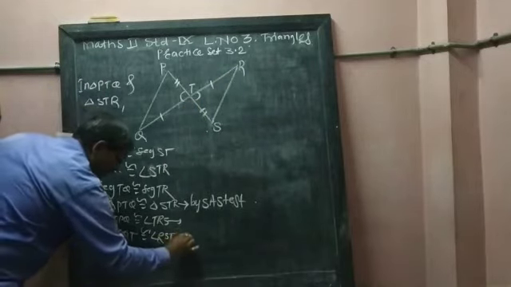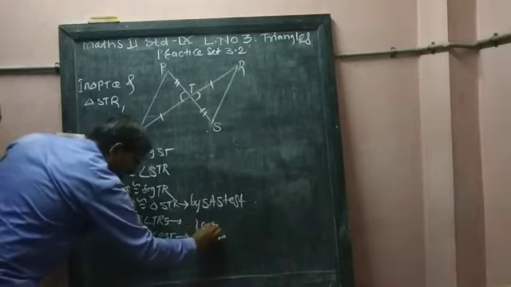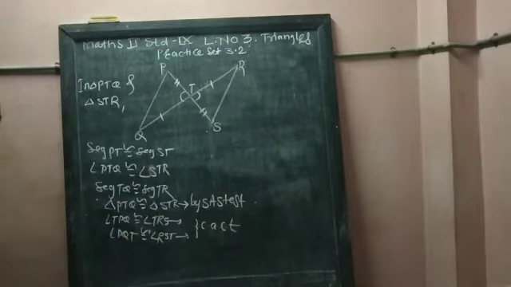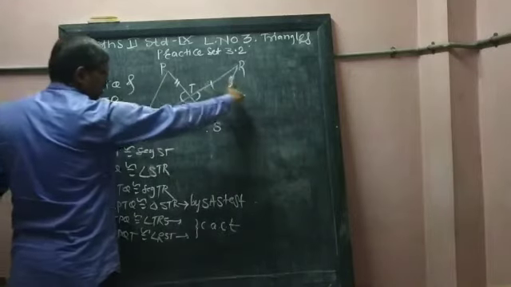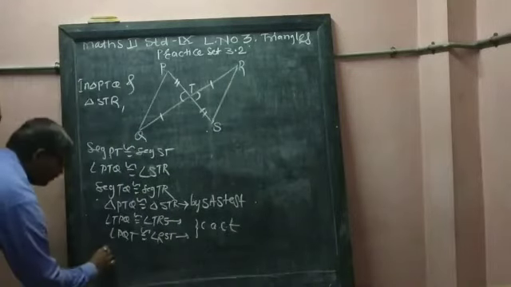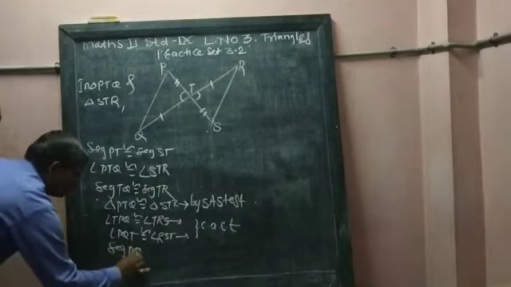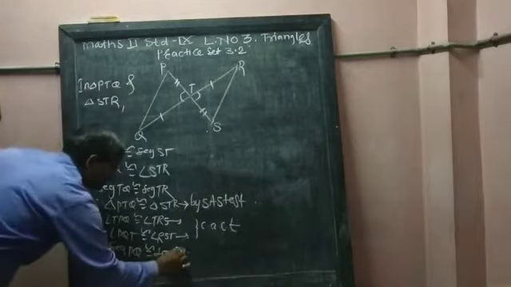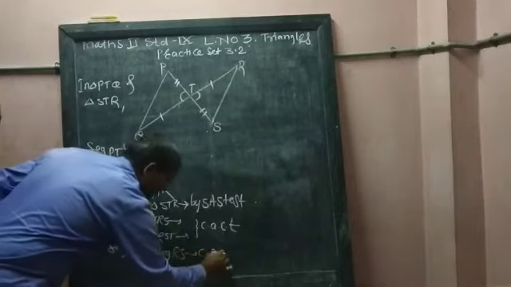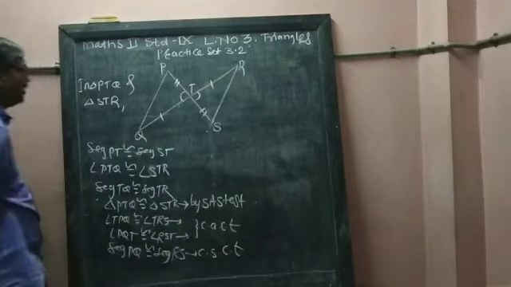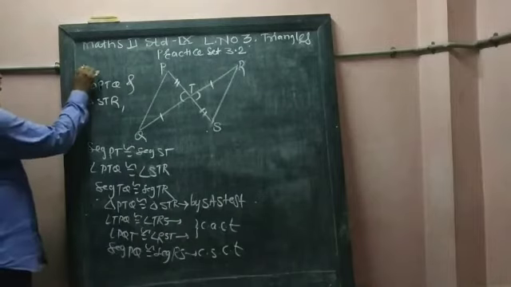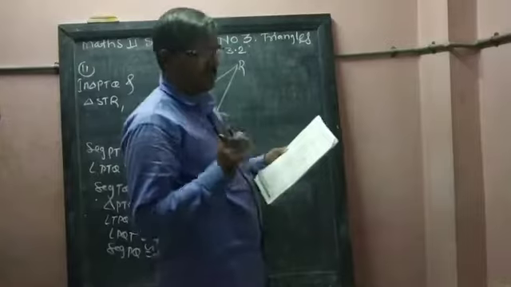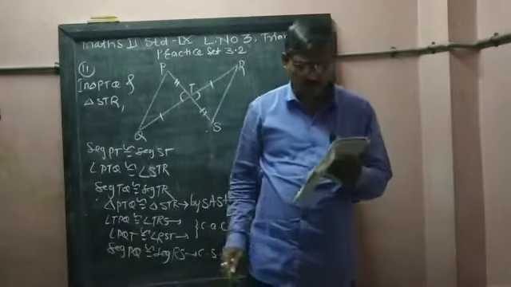What will you write here? Corresponding angles of congruent triangles. And seg PQ is congruent to seg RS. What is the reason? Corresponding sides of congruent triangles. In this way, the answer to sub-question 2 of question number 2 is completed.